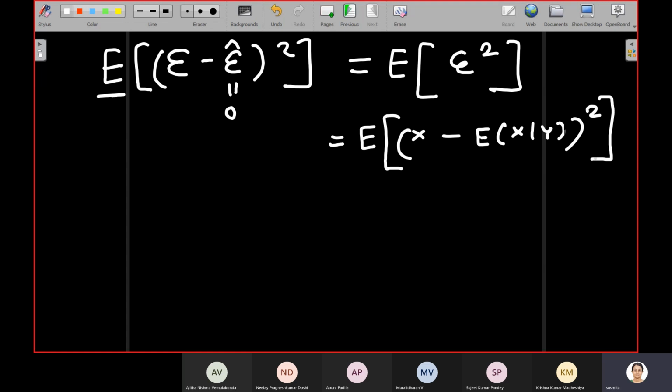Now here we have two random variables, x and y. This is the estimate given a particular y. But when we are doing the expectation of the whole thing, we have to treat both x and y as random.